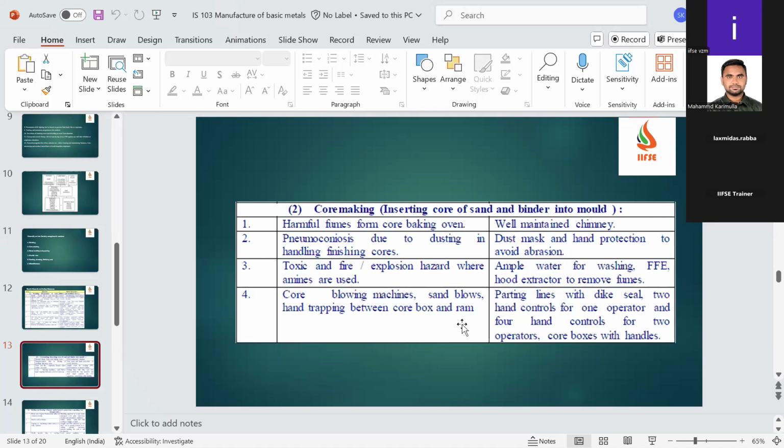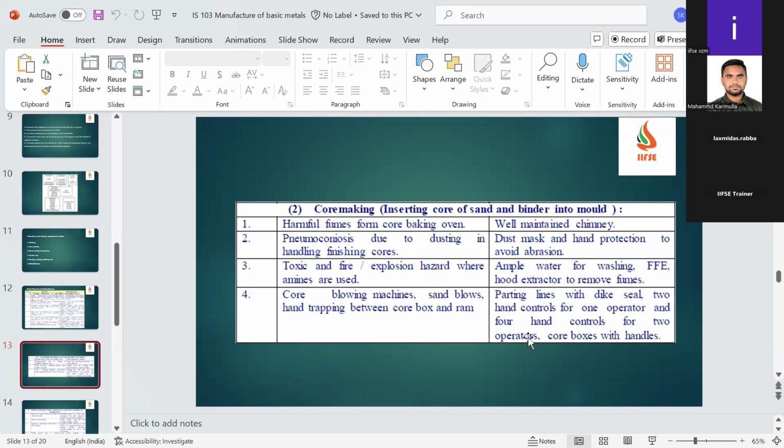In that case, there is a chance of trapping between the core box and the RAM. The RAM is where they blow the cores from, and adjacent to it is the core box. So here you should have a parting line with a dike seal and two hand controls for the operator, and also four hand controls if two operators are working.